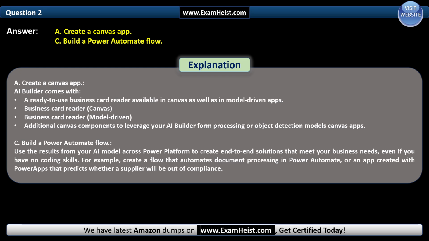C. Build a Power Automate flow. Use the results from your AI model across Power Platform to create end-to-end solutions that meet your business needs. Even if you have no coding skill, for example, create a flow that automates document processing in Power Automate or an app created with Power Apps that predicts whether a supplier will be out of compliance.